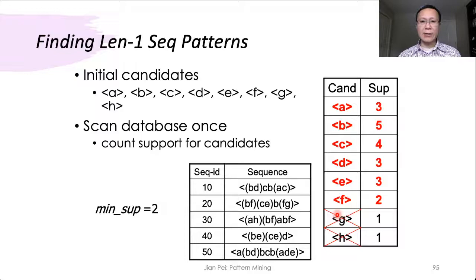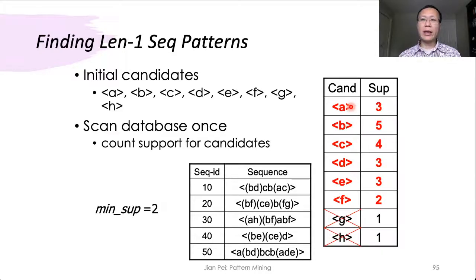After the scan, all those items whose support fails the support threshold are infrequent. And according to the anti-monotonicity, we know that any sequences containing such an infrequent item cannot be frequent. Therefore, we can safely prune such items.